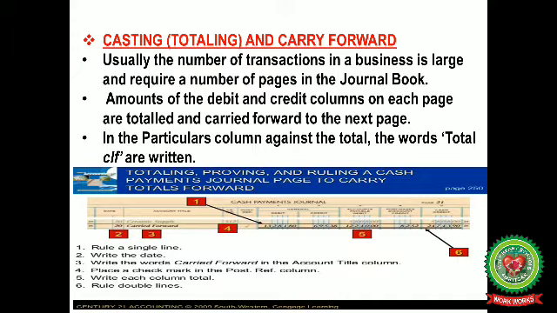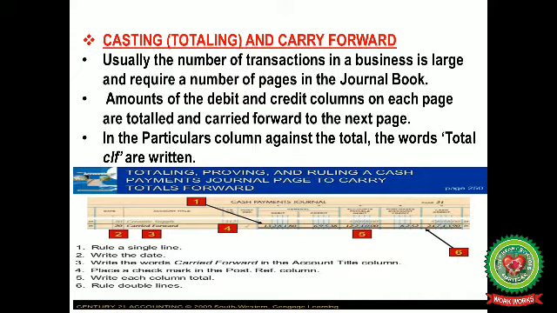Usually, the number of transactions in a business is large and requires a number of pages in the journal book. Amounts of the debit and credit columns on each page are totaled and carried forward to the next page.